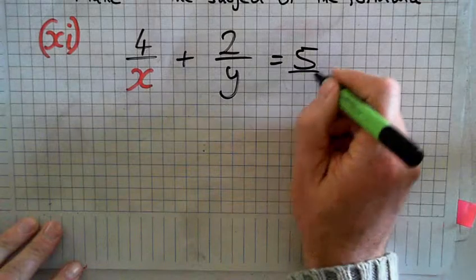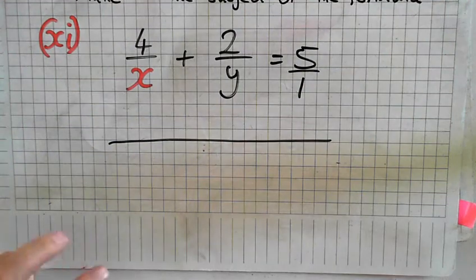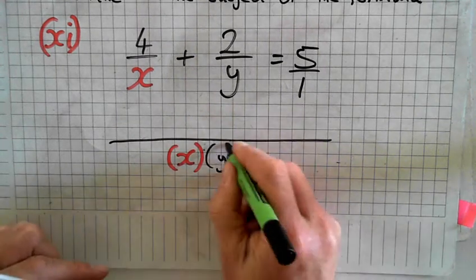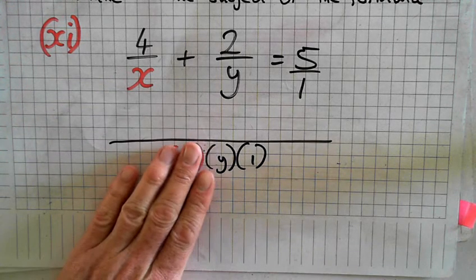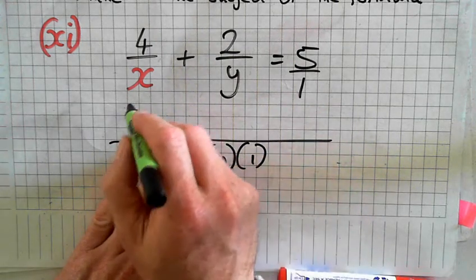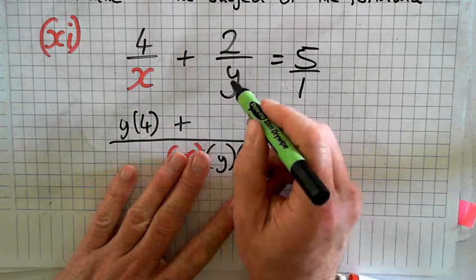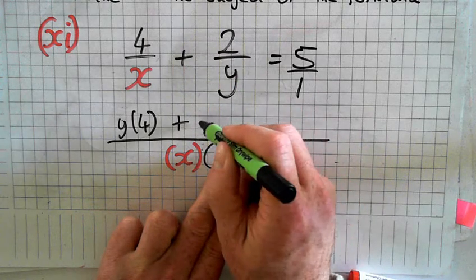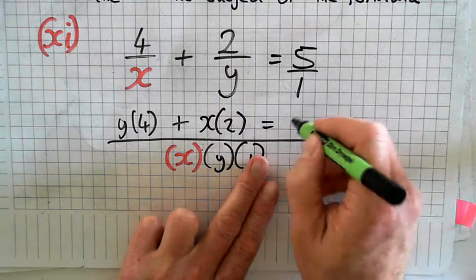Over 1. 5 over 1. And remember, we have to get the LCM. So I think I did this last bit. Yeah, so it's x times y times 1. Now divide x into all of this. Just hide the x. y times 1 is 1y. So it's y times 4 on top. Plus y into this. What's left? 1x times 2, or x times 2. It's equal to 1 into this, xy.